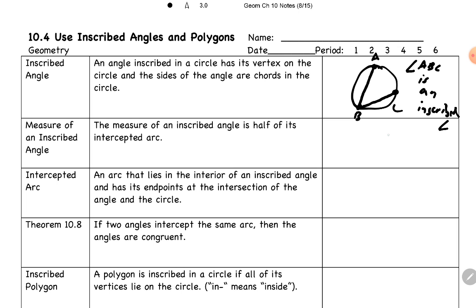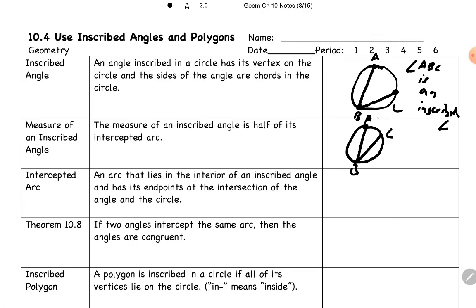The measure of an inscribed angle. So let's call this ABC again. It is half of its intercepted arc.